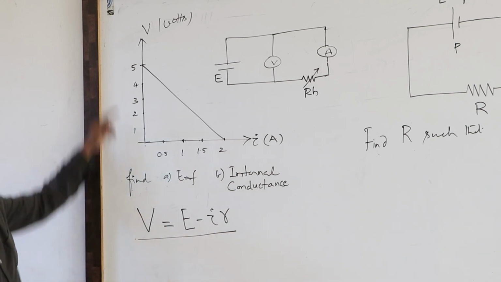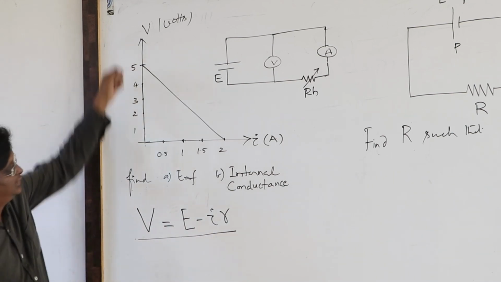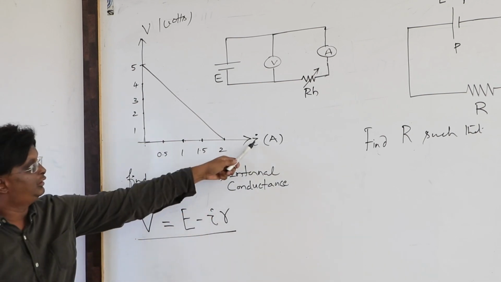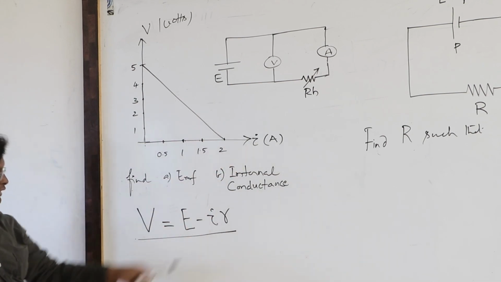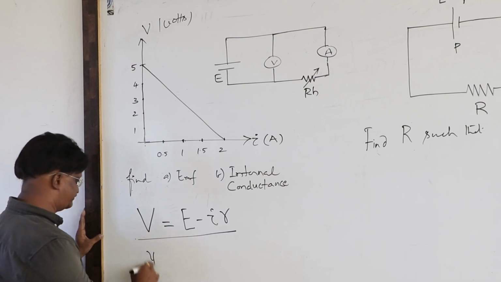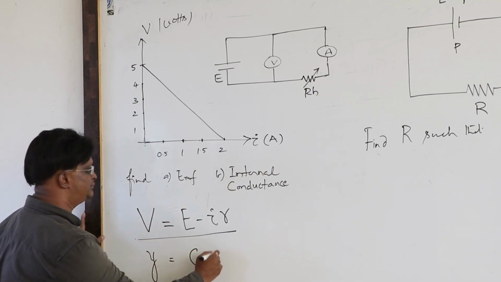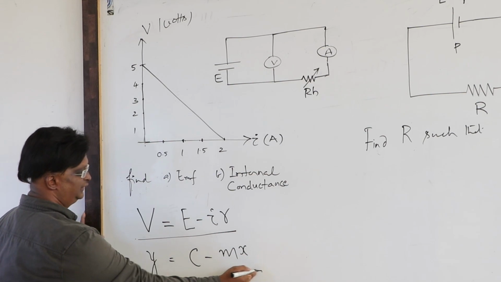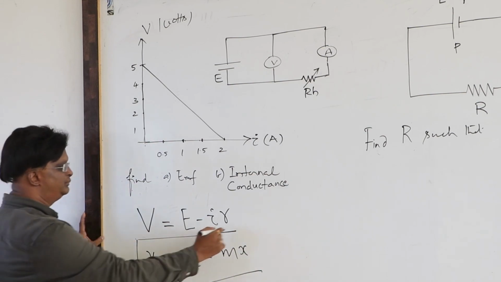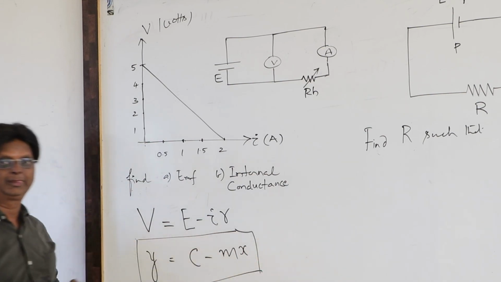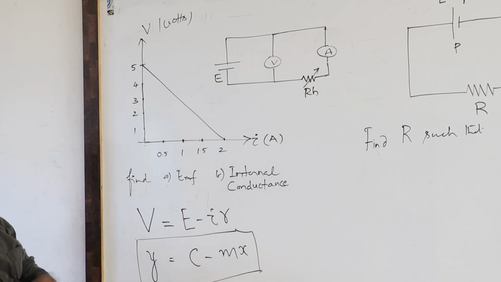Right? V on y-axis, and now you can see I on x-axis. So shall I compare this with the equation y is equal to C minus mx? Finally, you will get your answer within no time.